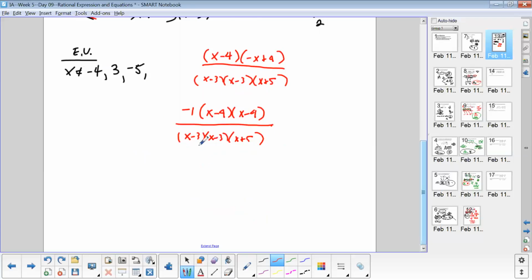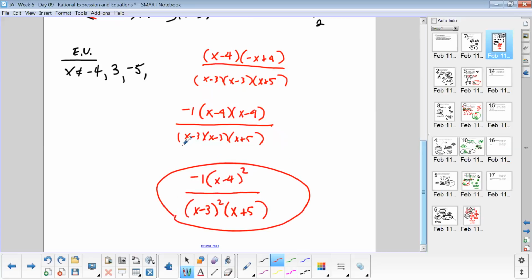So this would be left in factored form. We could take it one more step, and we could say x minus 4 quantity squared and x minus 3 quantity squared times x plus 5. So we know that nothing else will divide out. This would be appropriate. This is okay.